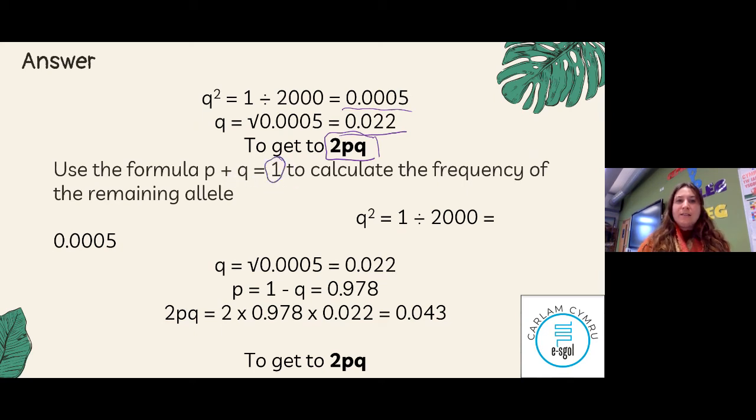So in order to get 1, we take away, as we've already done, 1 minus q, which we have the answer for, which will leave 0.978. 2pq therefore is 2 times this result, which equals 0.043. We have now got 2pq.